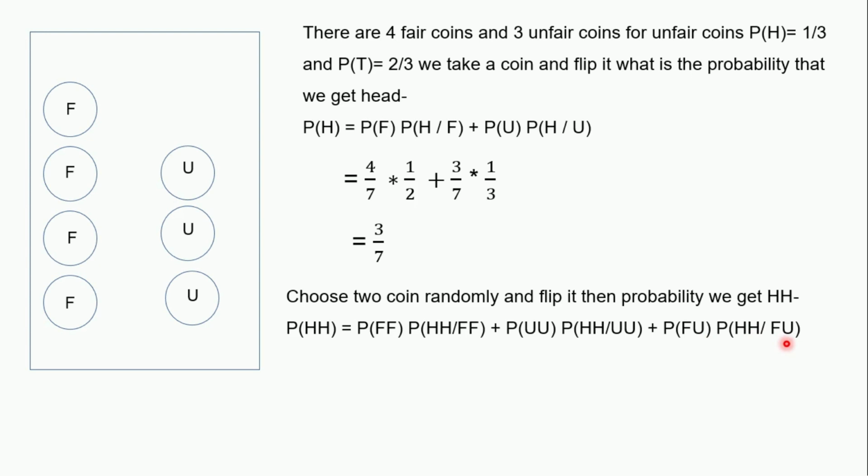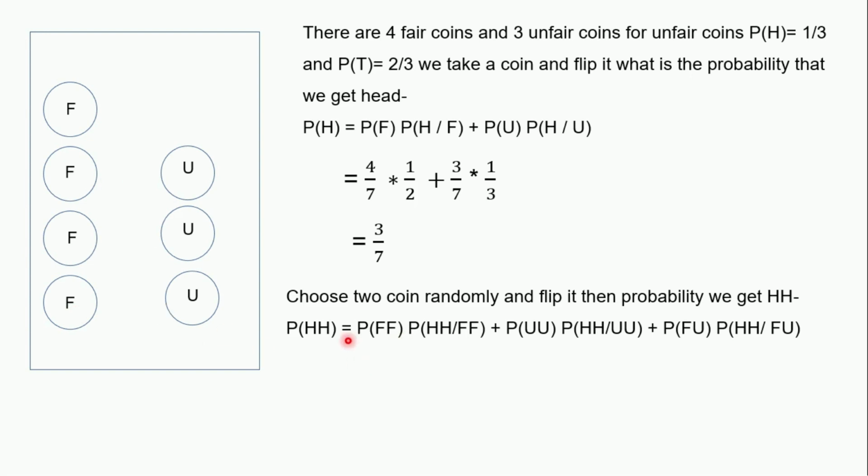Now there are a total of 4 fair coins, and among these 4 fair coins we need to select 2. So the number of ways we can select 2 fair coins among these 4 becomes 4c2, and the total number of coins here is 7, so the number of ways we can select 2 coins becomes 7c2.